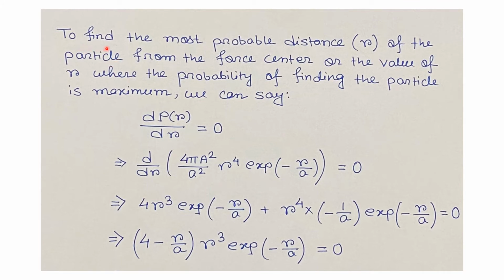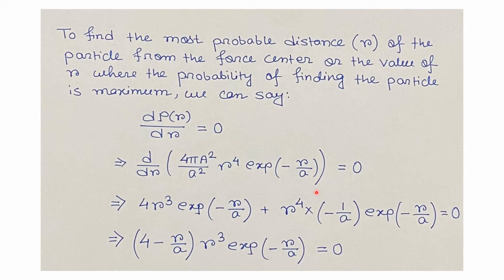To find the most probable distance r of the particle from the force center, or the value of r where the probability of finding the particle is maximum, the derivative of the probability density function P(r) with respect to the position r should be 0. So d/dr of 4π A²/a² r⁴ exp(-r/a) equals 0.